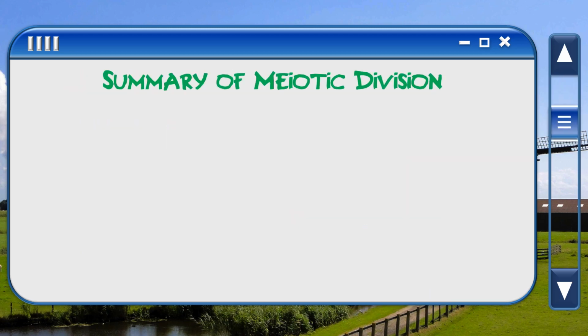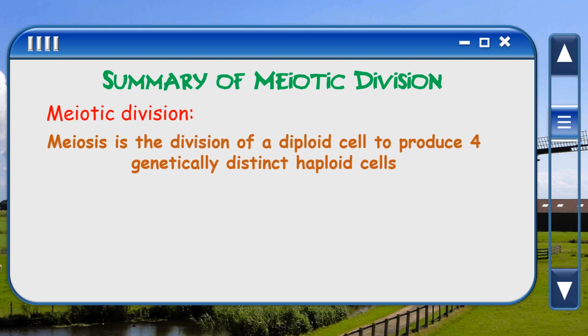The summary of meiotic division. Meiosis is the division of a diploid cell to produce 4 genetically distinct haploid cells.